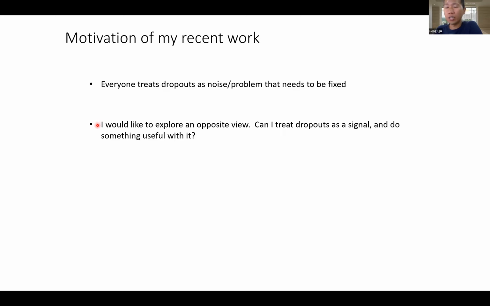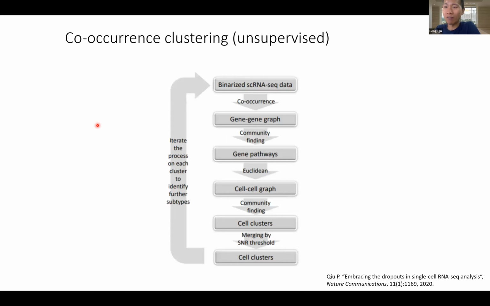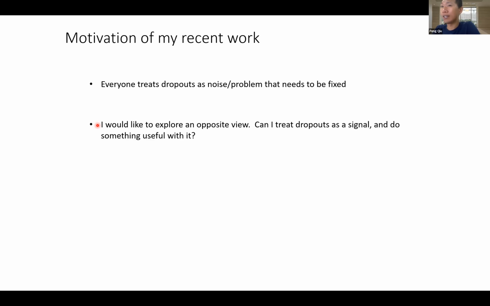However, later when I was thinking about this, since everybody viewed this as a problem to be fixed, one idea came to me: is it possible to go the other way around, explore an opposite view, and utilize the sparsity of the data as a useful signal? This is a wild idea, but later I followed it up, and I actually developed something useful, which I'm going to show you in the next slide.